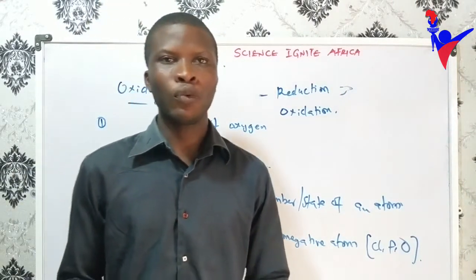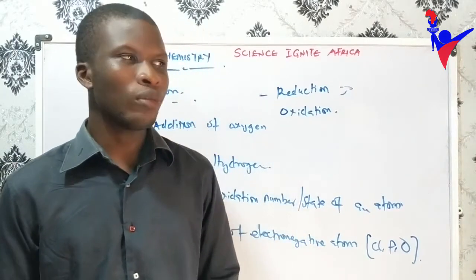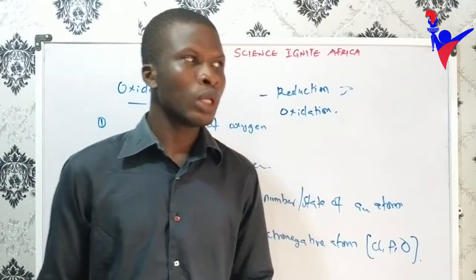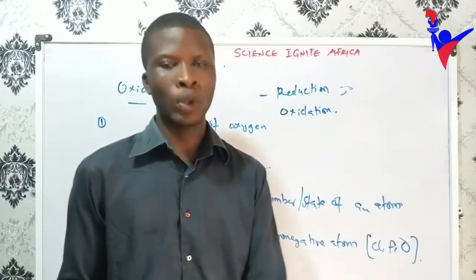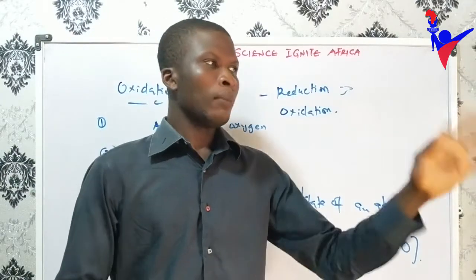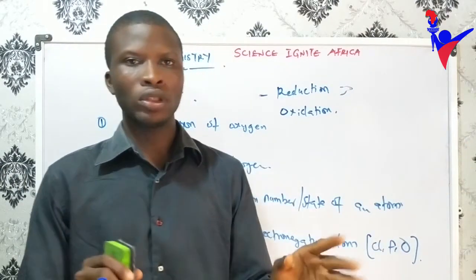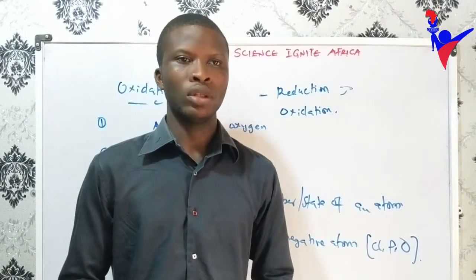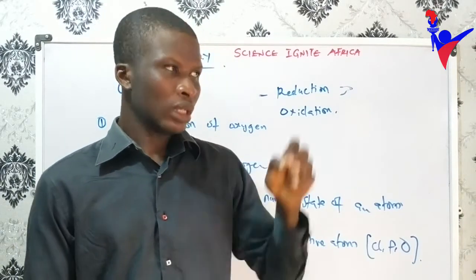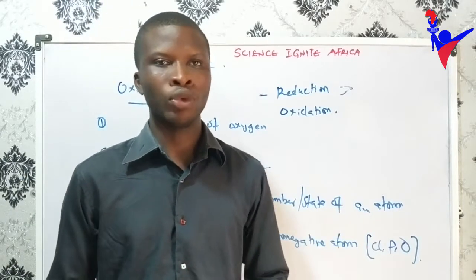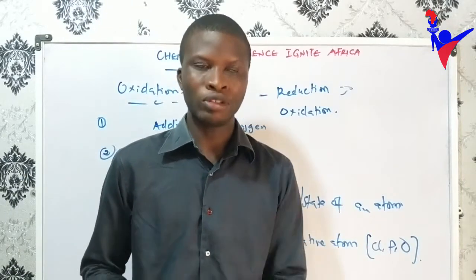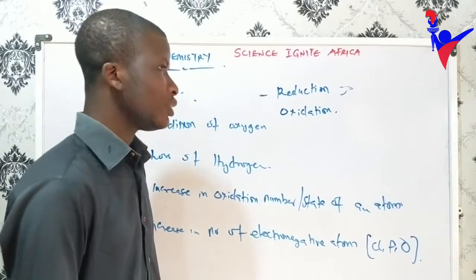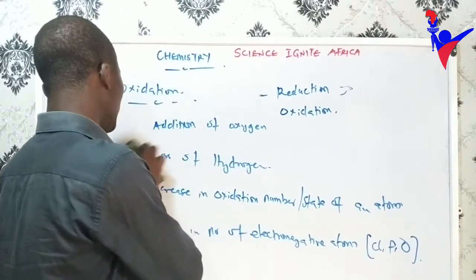Having the understanding of whether it is an acidic or basic environment is going to help you know what you are required to do, because we have different ways of balancing redox reactions. When it comes to acid medium and basic medium, we don't balance them the same way. That's what I'm simply trying to say. So that's the basic thing you should understand about that.